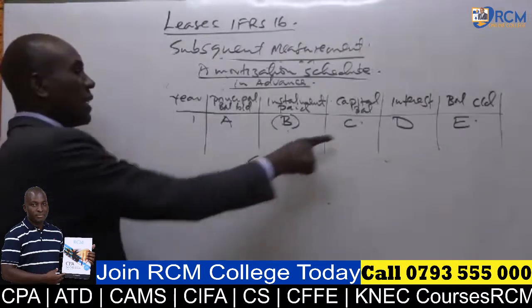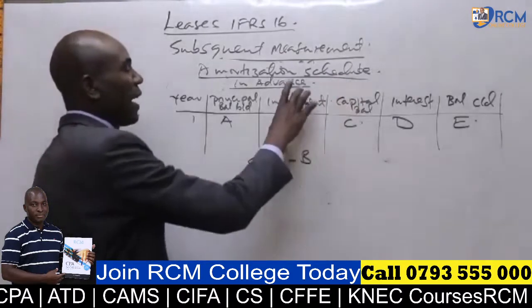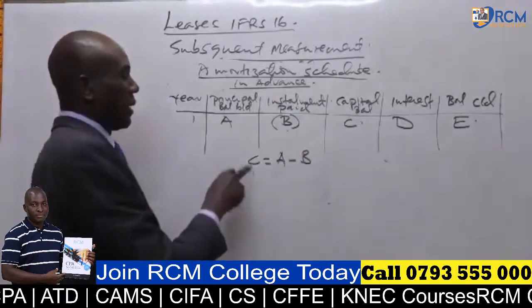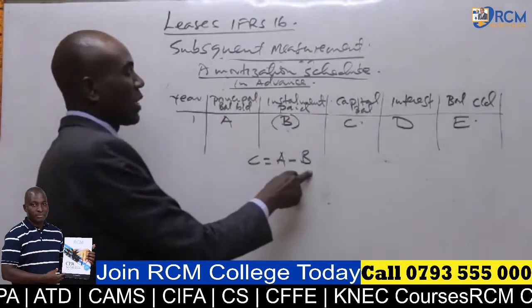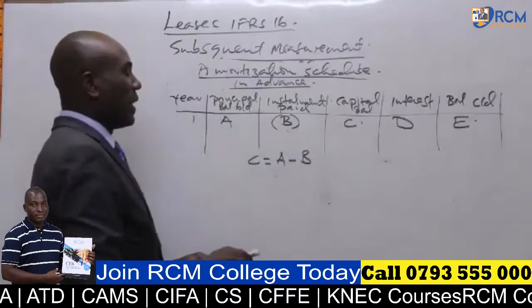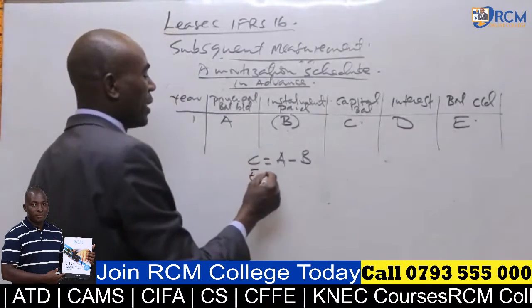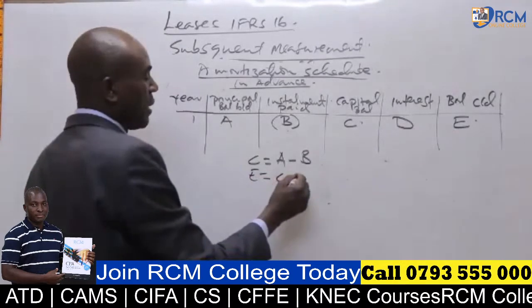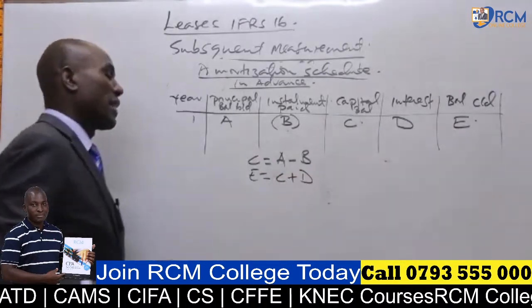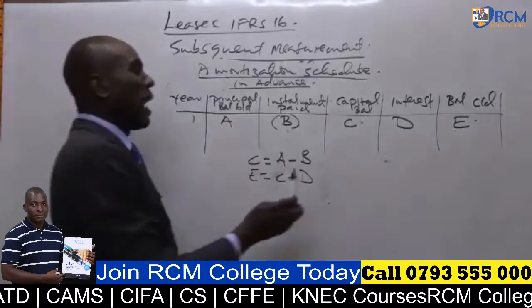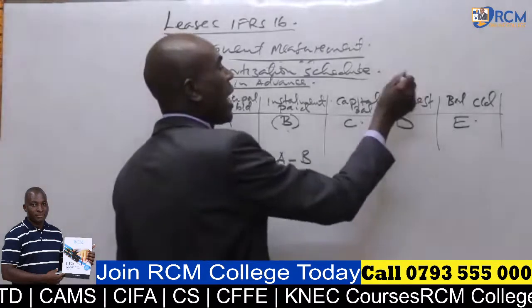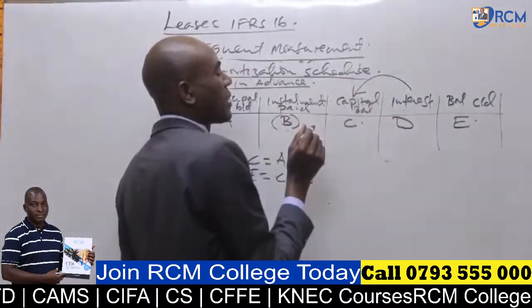Then C, what is remaining after I have paid the installment? C equals A minus B. Then E, which is the balance carried down, equals C plus D. Now remember, this interest, I'm charging on the capital balance.